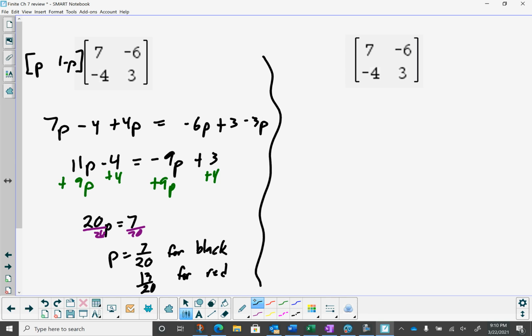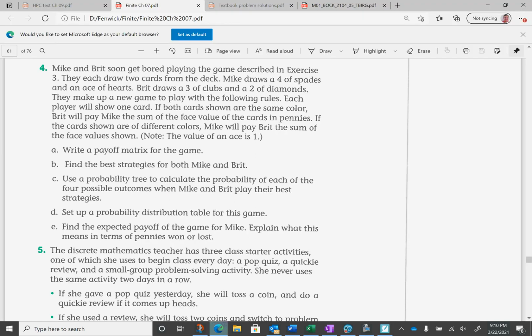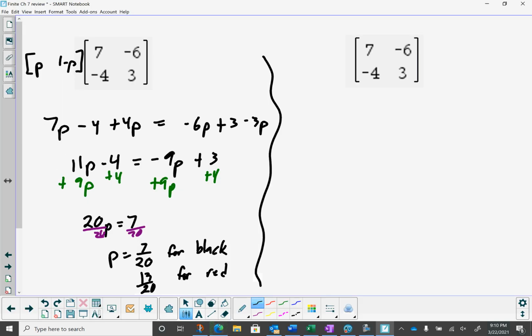However, for Brit, we go the other way. Since Brit is the column player, pick a different variable.